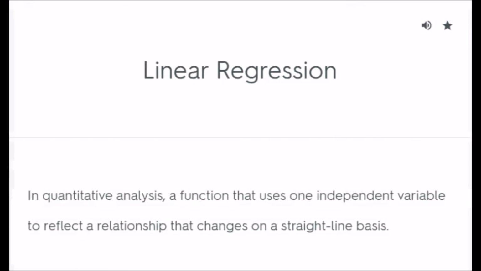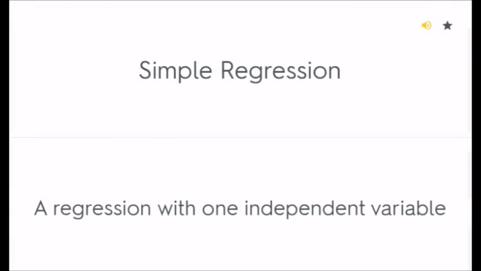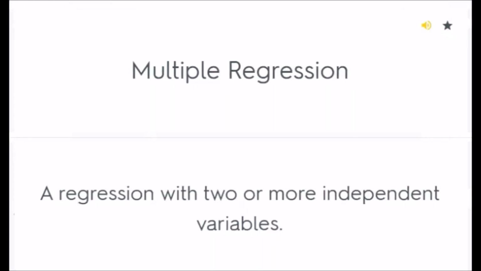Linear regression: in quantitative analysis, a function that uses one independent variable to reflect a relationship that changes on a straight line basis. Simple regression: a regression with one independent variable. Multiple regression: a regression with two or more independent variables.